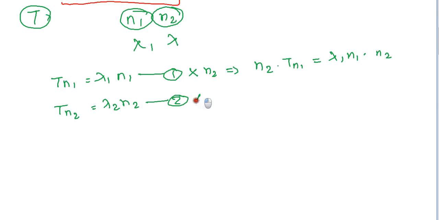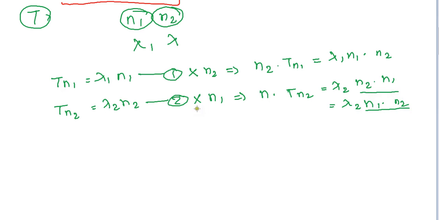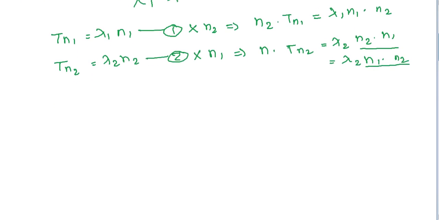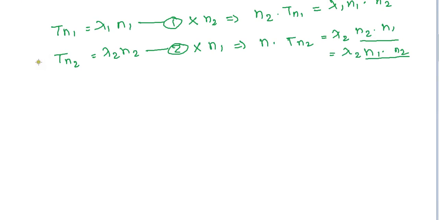And if we multiply the second with N1, we find N1 dot T N2 equal to alpha 2 N2 dot N1, or we can write alpha 2 N1 dot N2, since the order doesn't matter in the dot product. From these equations, and we know that a tensor T should be symmetric when it is equal to its transpose.